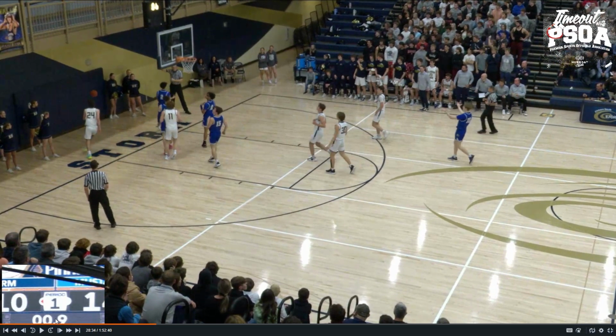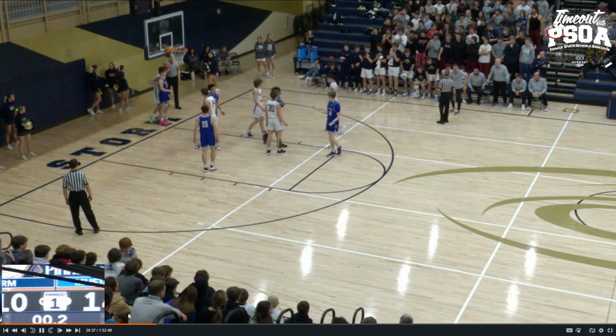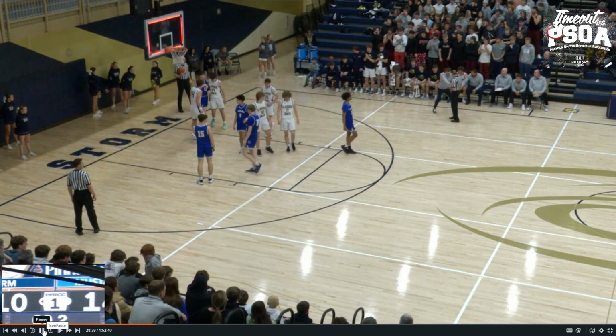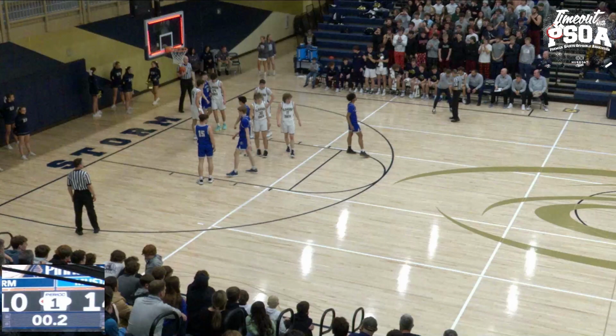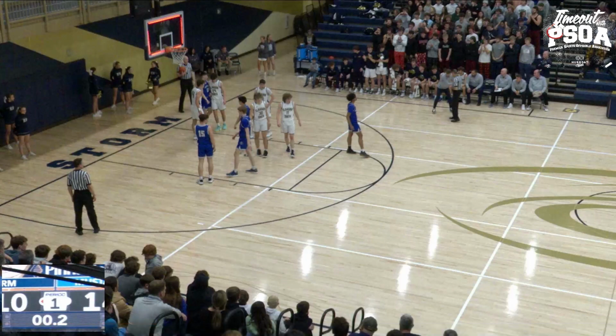If we have definite knowledge, now we have 0.9 when the whistle and signal, we need to put time back on the clock, because when the clock operator stops this clock, 0.2 seconds. Huge rule difference between 0.2, 0.3. Huge strategy difference, 1.0, 0.2, 0.3.